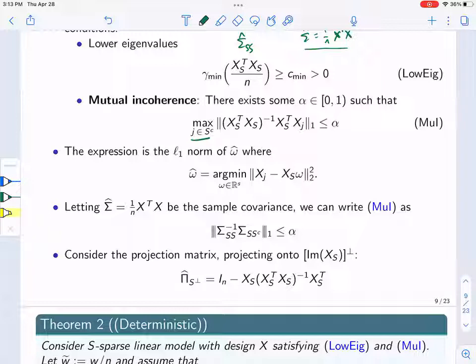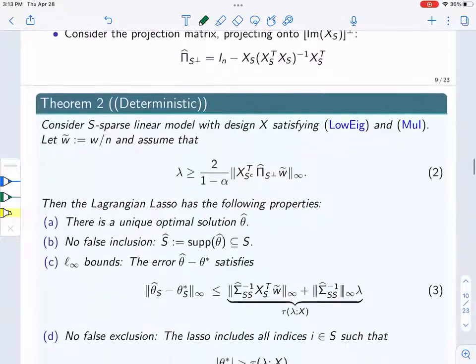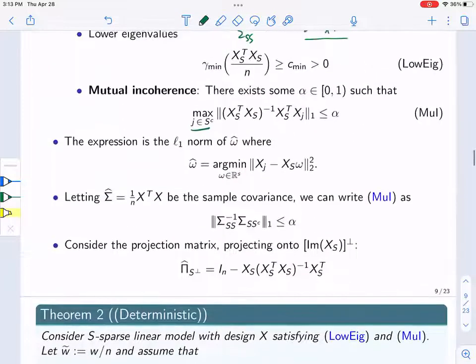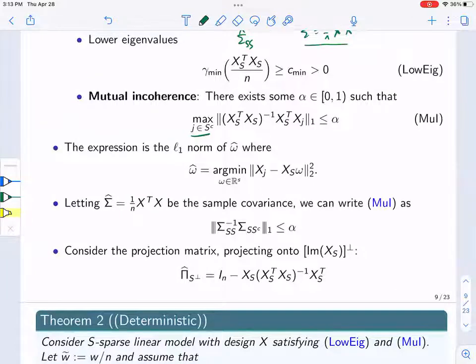And you can write it as an L1 matrix norm as well. But this is saying that the L1 norm of those OLS coefficients, the maximum over S complement, is bounded by alpha, where alpha is strictly less than 1. And you can prove that this is sort of necessary and sufficient.